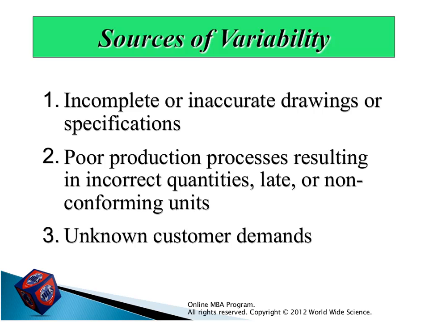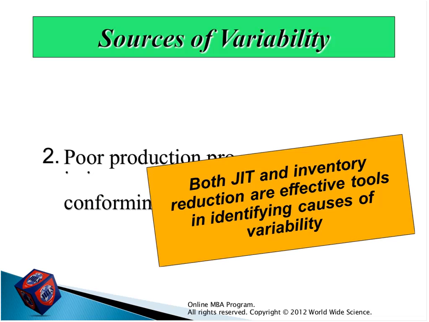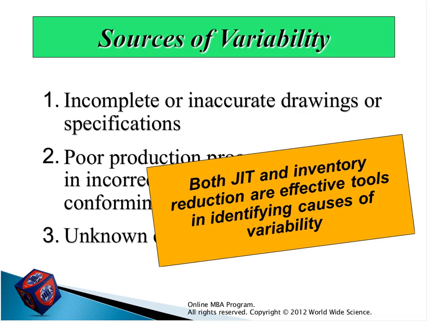On the other hand, if you cannot estimate customer demands, they are source of variability. Both just-in-time and inventory reduction are effective tools in identifying causes of variability.